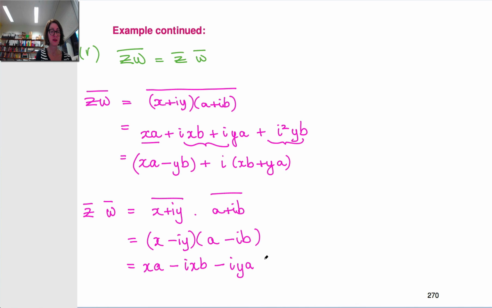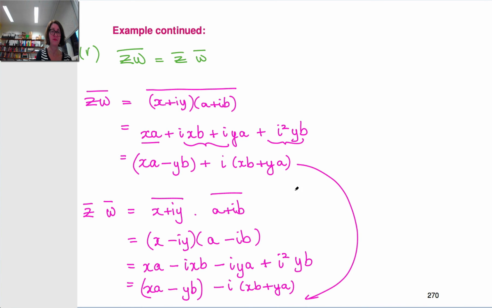Two minus signs together gives me a plus, and then I've got an i squared yb. So this is xa, that's minus 1 now, so it's minus yb minus i(xb plus ya). Okay, so let's just check. They should be the same. They are. So job done.